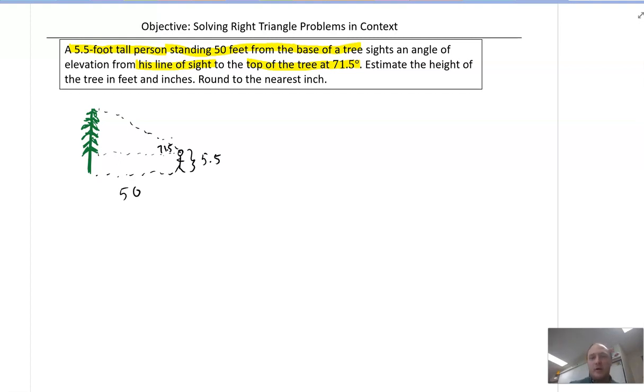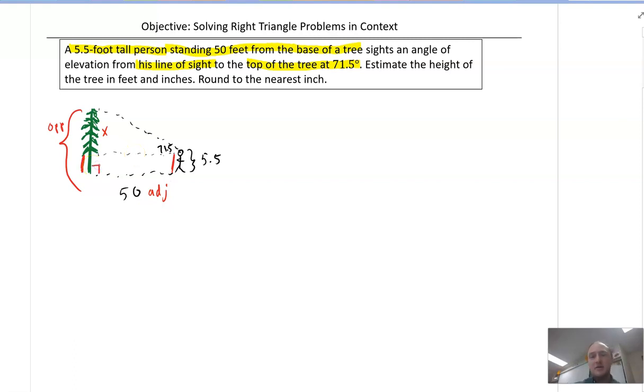Okay, so what we want to know is how tall the tree is. Here's our desired information, this whole thing. Well, I do know this distance, right? Isn't this distance 5.5 feet? What I'm missing is this information here, x. So I have an angle involving a side that is opposite, and I have the side that is adjacent, and it happens to be a right triangle. Here's our right angle.